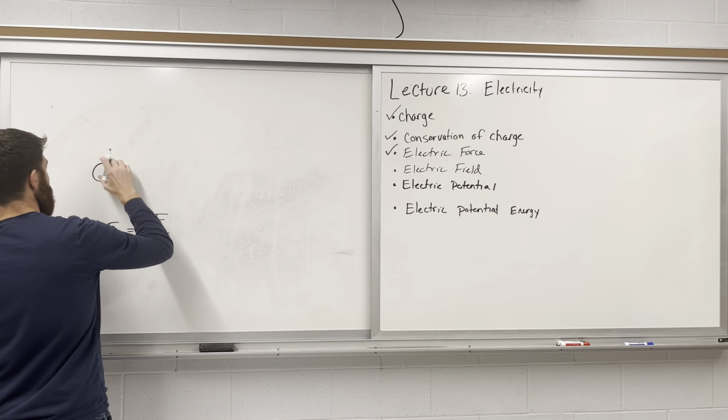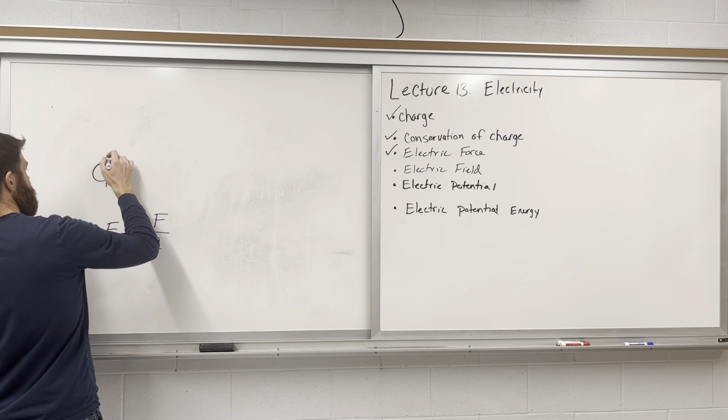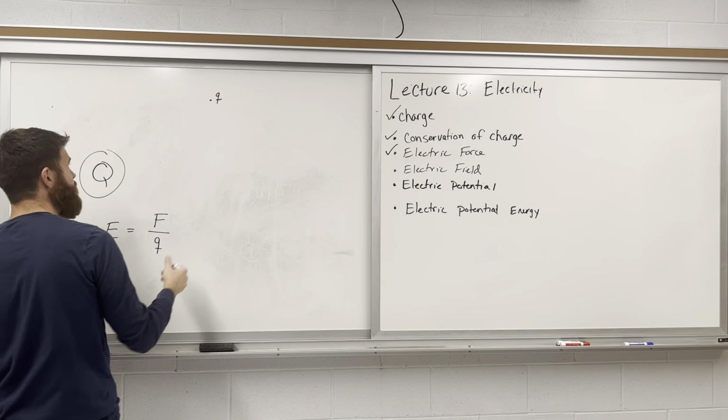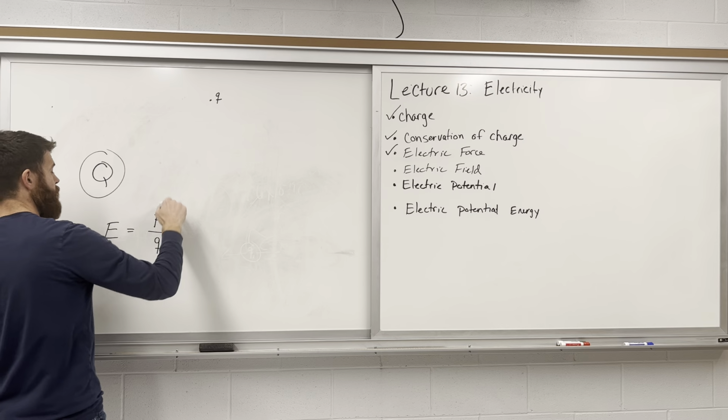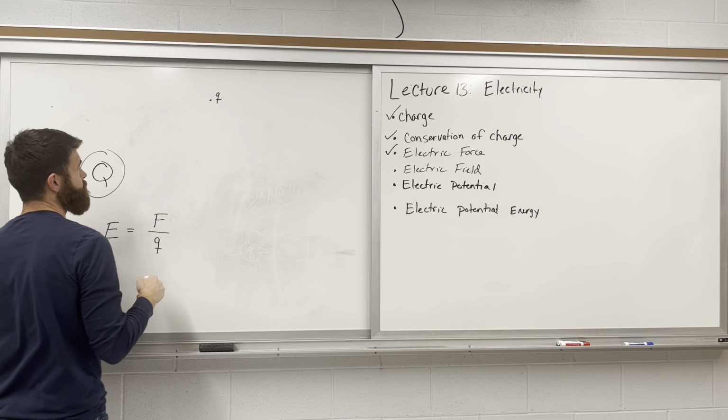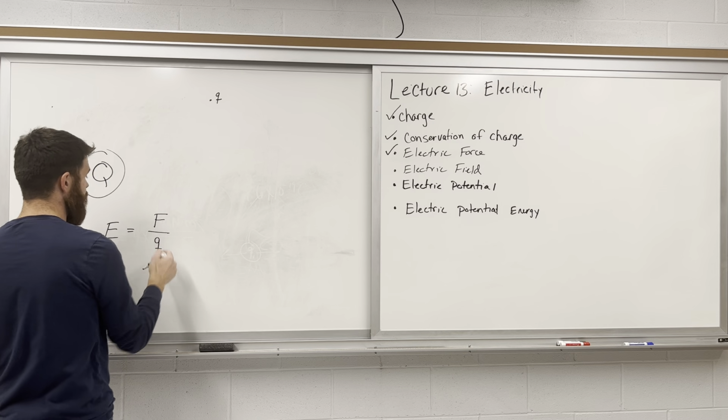So if this is a charge Q here, and we put a little tiny test charge q here, the electric field strength at this point is equal to the force that this charge would exert on that little test charge, per charge.